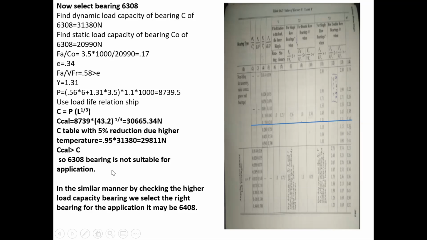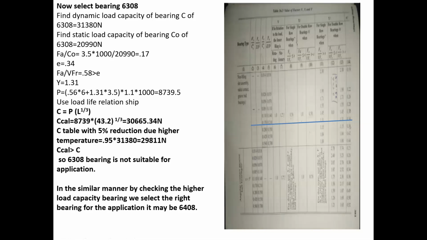That means 0.95 multiplied by this C table, and the value which we have to check is 29,811, which is lesser than C calculated, or C calculated is greater than C table. So this bearing is also not suitable for this particular application. So we have to again go for the next iteration.